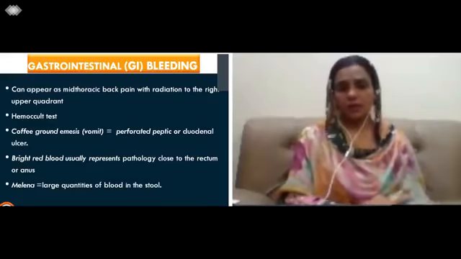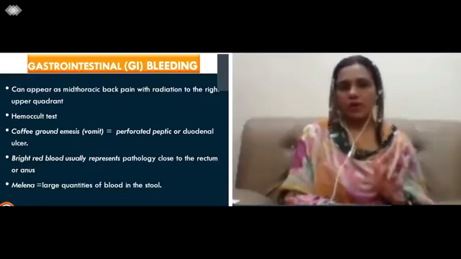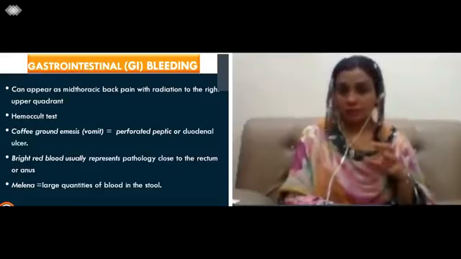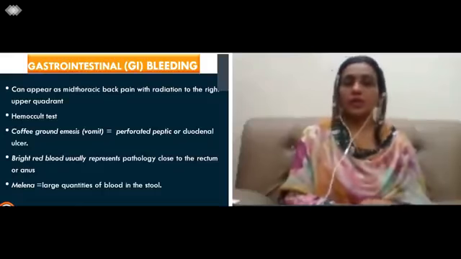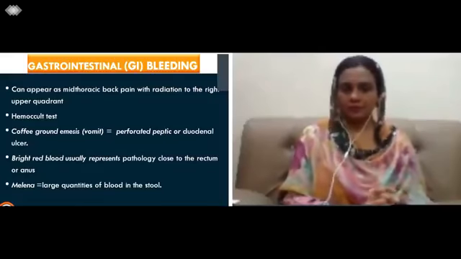This kind of vomit is a manifestation when the patient has a perforated peptic or duodenal ulcer. Perforated means there are holes through the wall of your stomach or duodenum. So if there is a perforated peptic or duodenal ulcer, it will cause a vomit whose color will be coffee ground.